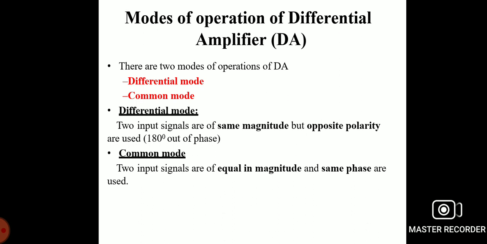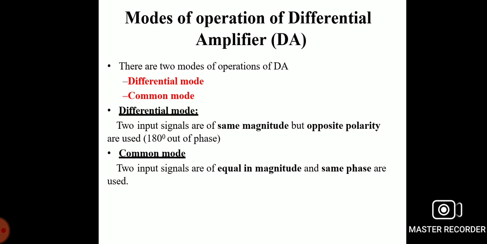It is 180 degrees out of phase. In the common mode, the two input signals are equal in magnitude and the same phase. This is the difference between the differential mode and the common mode signals.